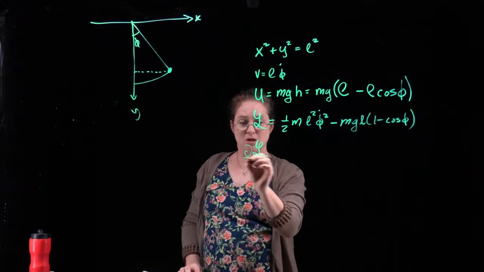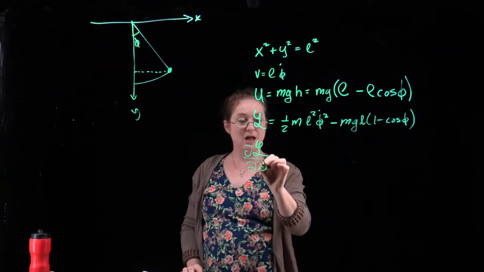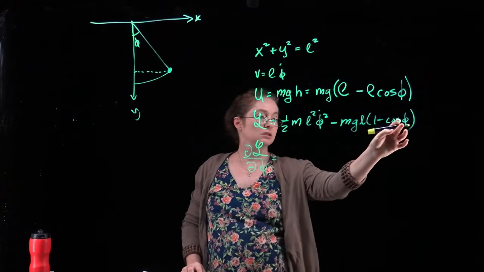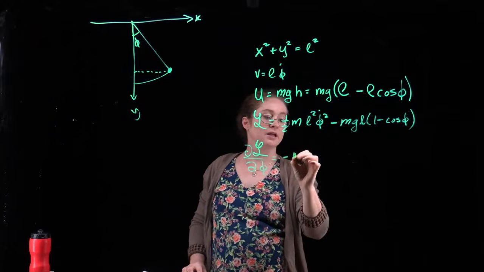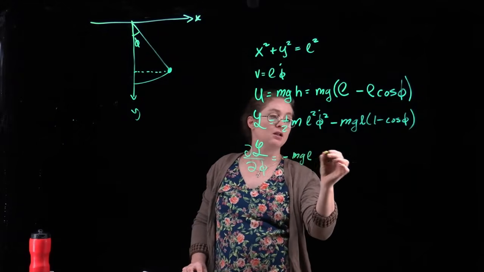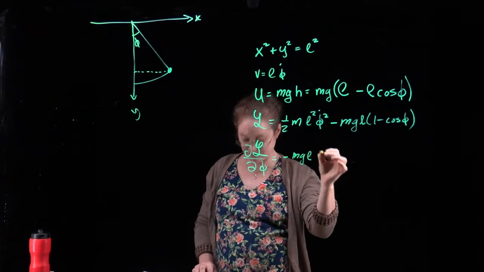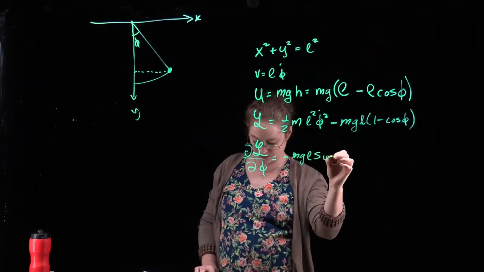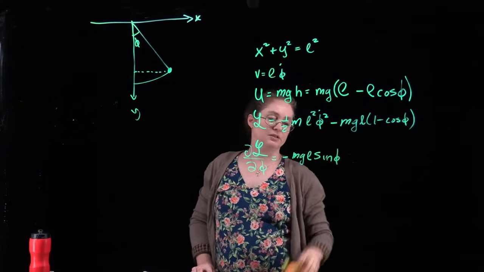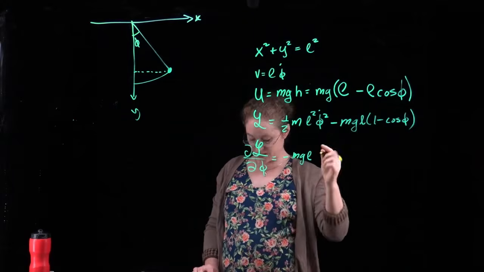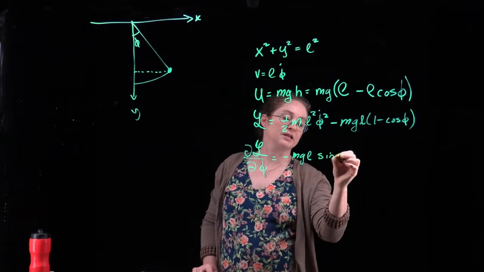Partial L partial phi is equal to, here we have negative mgL times negative sine phi. So this is, oof, that is not legible, is it? My handwriting does not get better with age.